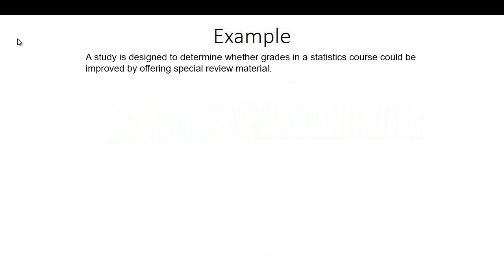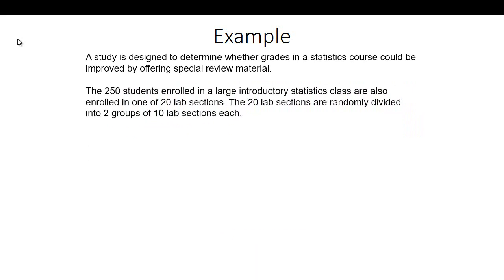Another example. A study is designed to determine whether grades in a statistics course could be improved by offering special review material. The 250 students enrolled in a large introductory statistics class are also enrolled in one of 20 lab sections. The 20 lab sections are randomly divided into two groups of 10 lab sections each.